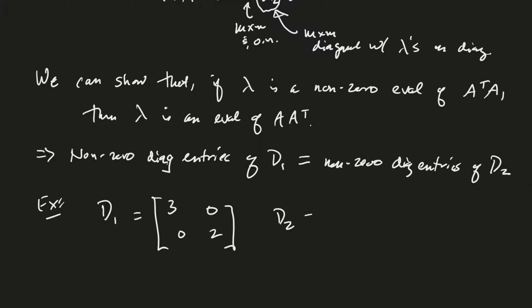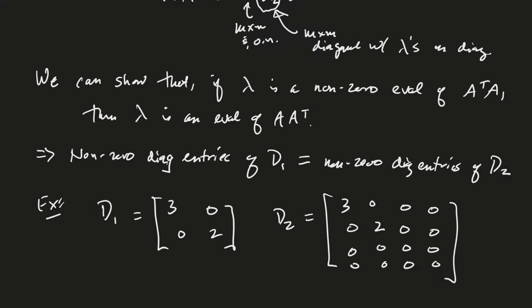And then D2 might be something like, the 3 and the 2 have to be there because those are identical, but then after that, we could have any number of zeros. So this is what I meant by the zero padding. You could just keep running zeros. In this case, you would have 2 zero eigenvalues and then the 3 and the 2. So that's what we mean by the non-zero diagonal entries of D1 are equal to the non-zero diagonal entries of D2. Very good.